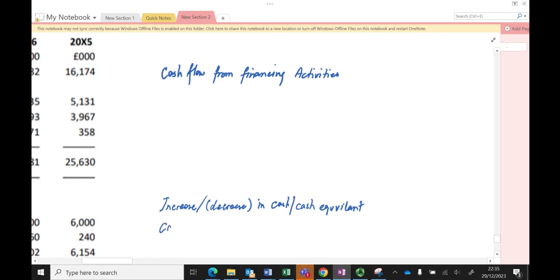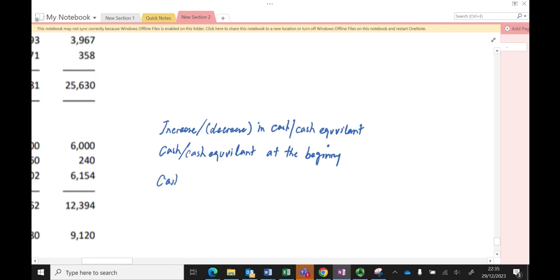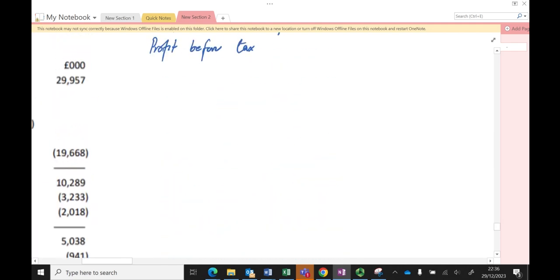And then cash and cash equivalent at the beginning, and at the end of the year. So here's my standard format.